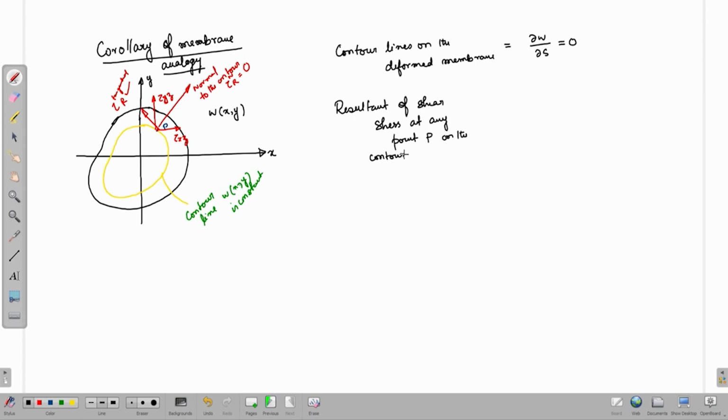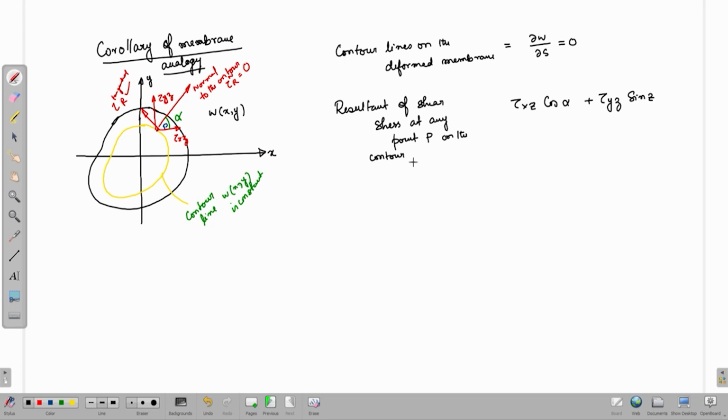Now, if this angle is alpha, the angle between the normal to the contour and the x axis, then the resultant of the shear stress in the normal direction is tau xz into cos alpha plus tau yz into sin alpha.